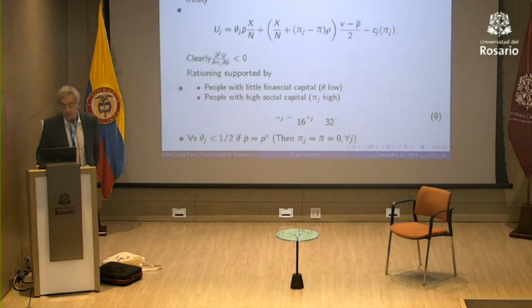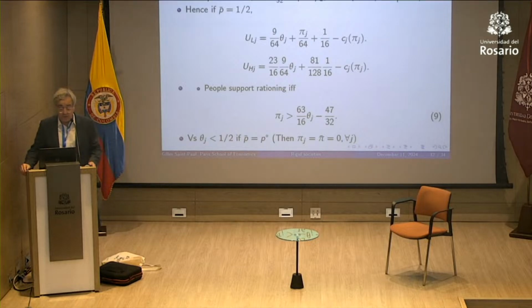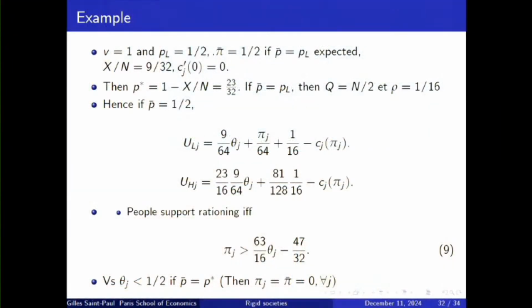So then we can cook a sort of numerical example. I'm not going to go into the details of this numerical example, but what do we learn from this?